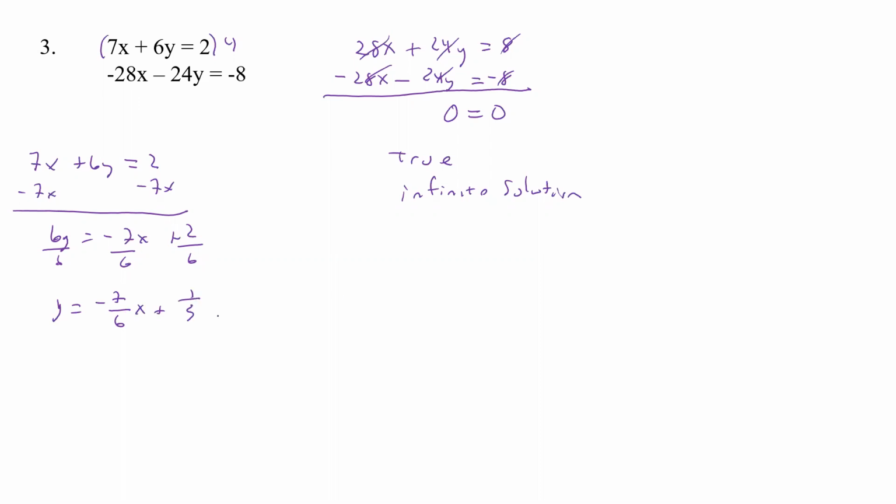Now, the reason why we're doing this is because we're going to write that general form. We're going to say, well, if we plug in x, then our y is going to be negative 7 over 6x plus 1/3. And so that would be our quote xy ordered pair based on those two equations. Because if you think about it, if you solve this one for y as well, you're going to get that exact same equation.